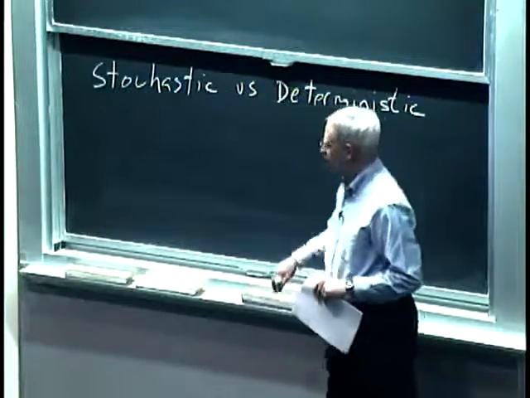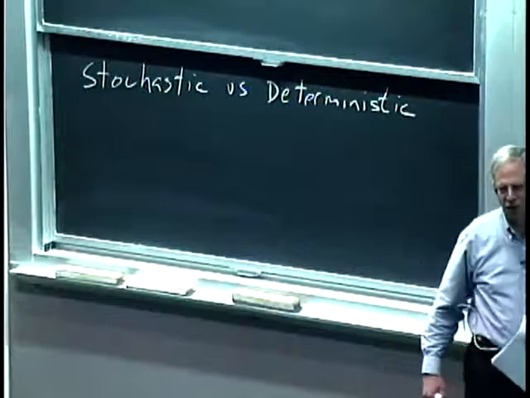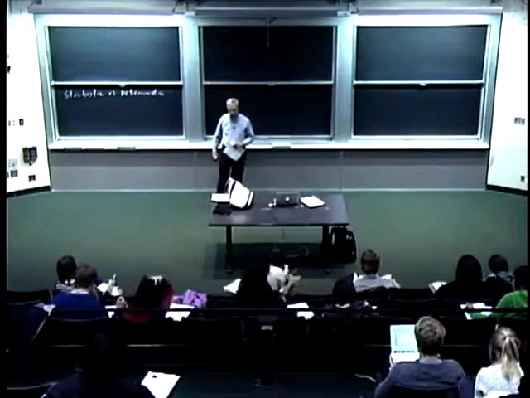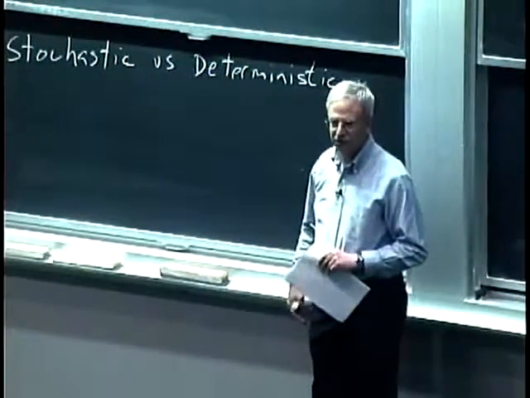And the difference here is in a deterministic simulation, you should get the same result every time you run it. And there's a lot of use, as we'll see, for deterministic simulations.